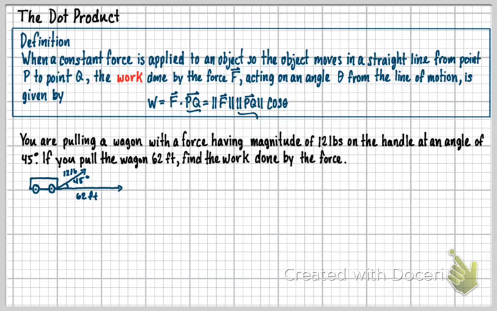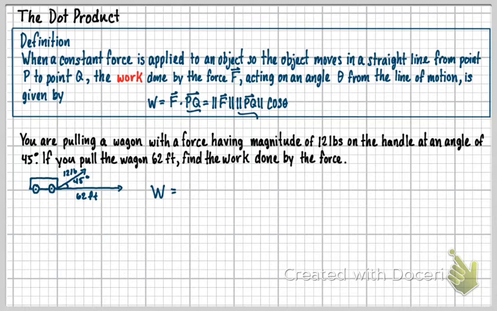So all we're going to do is plug in our information in this handy dandy formula. Now I'm going to use this one here because I have F, and I have the magnitude of PQ, and I also have the cosine of theta. Very simple, very straightforward. I don't have the vector PQ or the vector F, so that's why I'm not going to deal with that one.